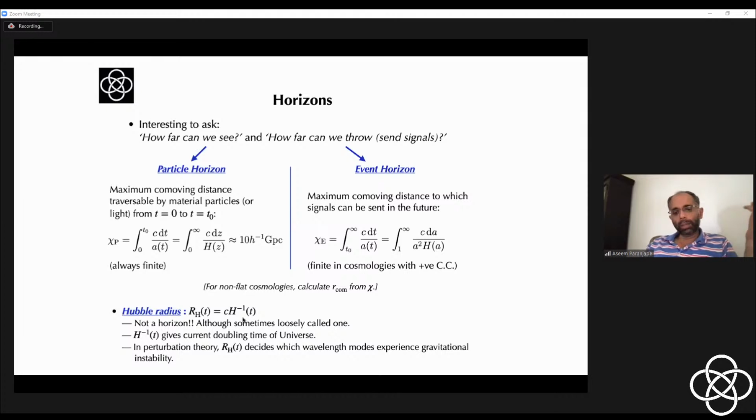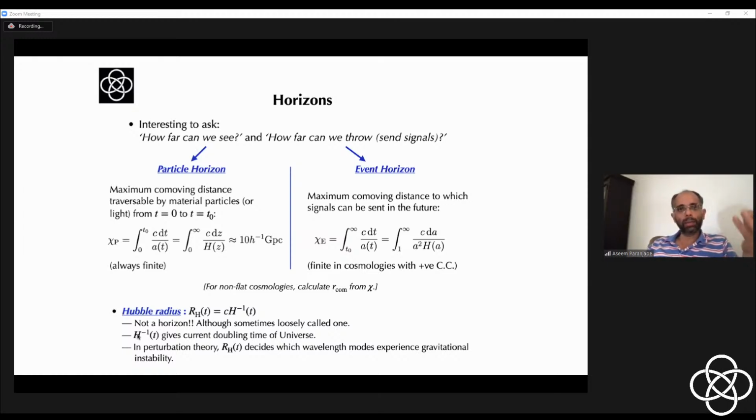And this is not just a dimensional argument, because it turns out that this is a conceptually very interesting quantity also. The reason being, for one, that this H inverse of t, which is, as I said, a quantity with dimensions of time, gives you the current doubling time of the universe.